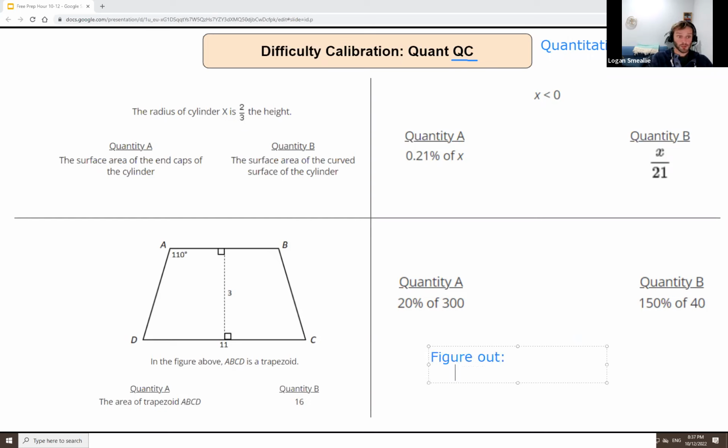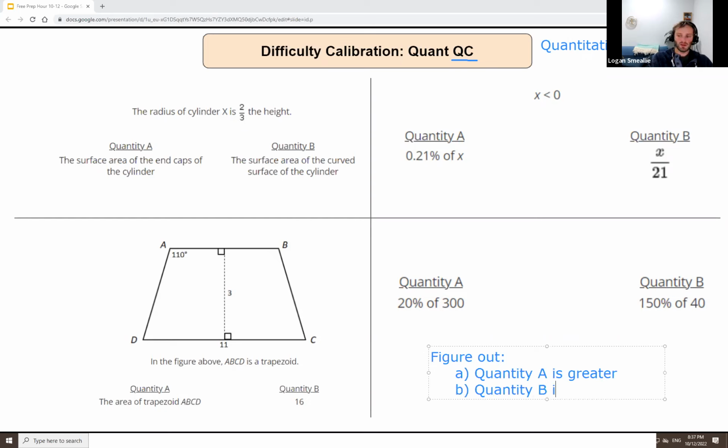A means quantity A is greater. B means quantity B is greater. So the main job here is to figure out which side, quantity A or B, is the larger, greater quantity.